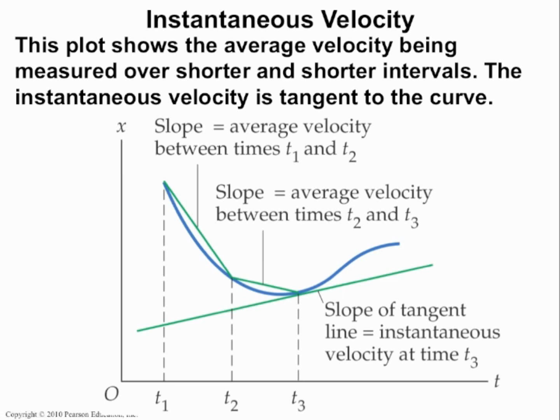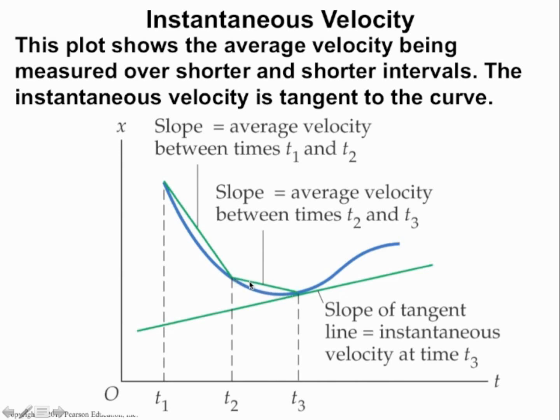All right, so between those two times, we can see that there's also a curved blue line because the velocity is changing. But if you look at the green line that connects the two endpoints, we can see that that green line has a slope. And the run of that slope, which I'm highlighting with the mouse arrow, is the time that elapsed between T2 and T3.